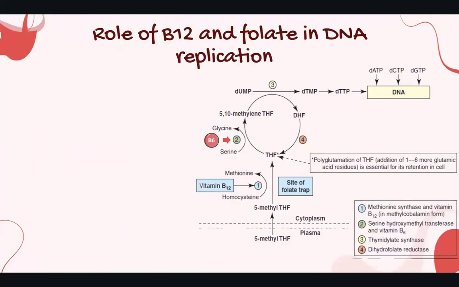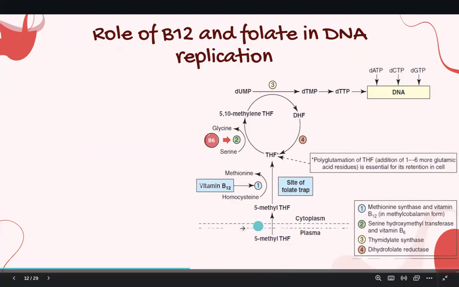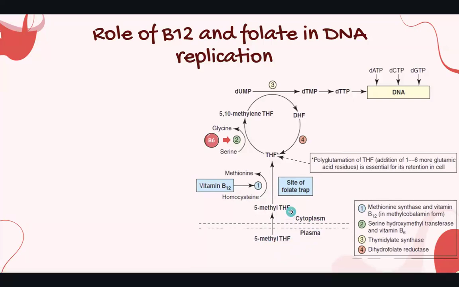Okay. So the first thing that you need to know is that 5-methyl tetrahydrofolate is the form of folate that travels around the plasma. Now, when we need this 5-methyl tetrahydrofolate, it is going to go inside the cell through the plasma membrane, and it is going to go inside the cytoplasm.